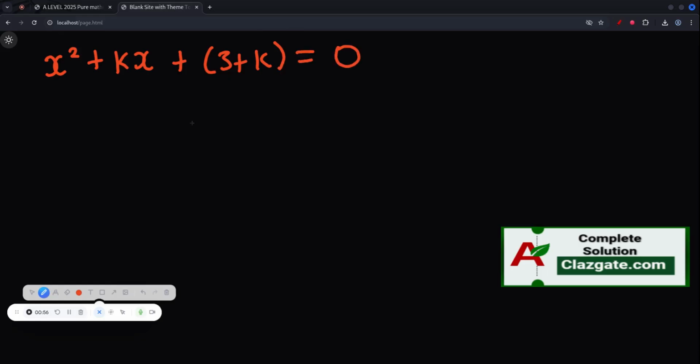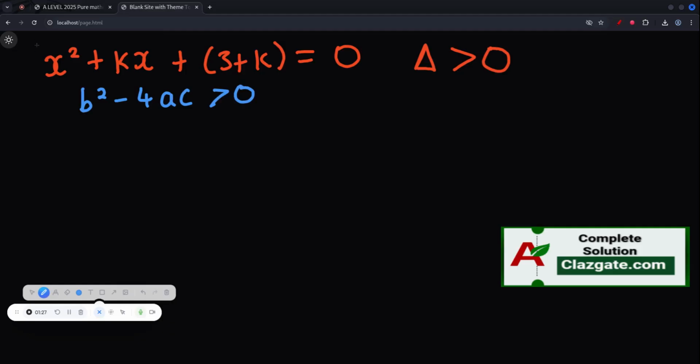For roots to be real and distinct, it means that the discriminant must be greater than 0. And what is the discriminant? It means b square minus 4ac must be greater than 0.